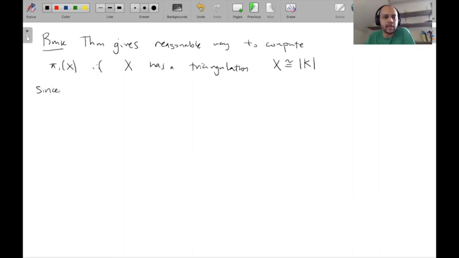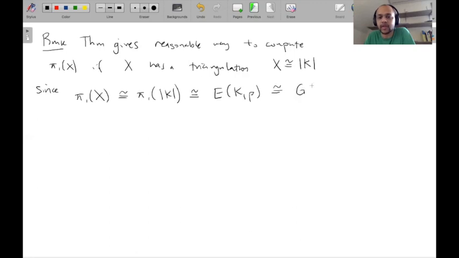Since then we know the fundamental group of X is isomorphic to the fundamental group of the geometric realization, which is isomorphic to the edge group with some base point, which is isomorphic to this group G_K,L that we just defined. So these isomorphisms here still require proof, which we'll discuss.